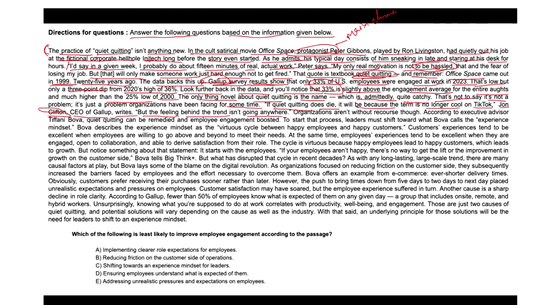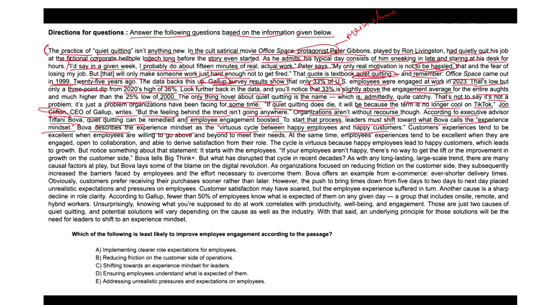Organizations are not without recourse, though. According to executive advisor Tiffany Bova, quiet quitting can be remedied and employee engagement boosted. To start that process, leaders must shift towards what Bova calls the experience mindset. Bova describes the experience mindset as the virtuous cycle between happy employees and happy customers.